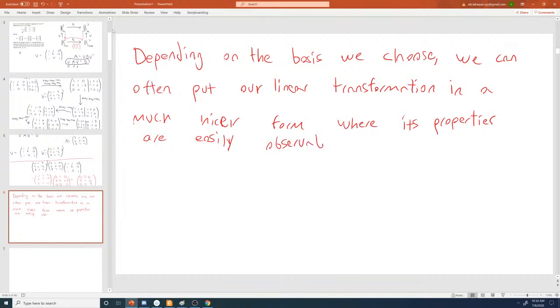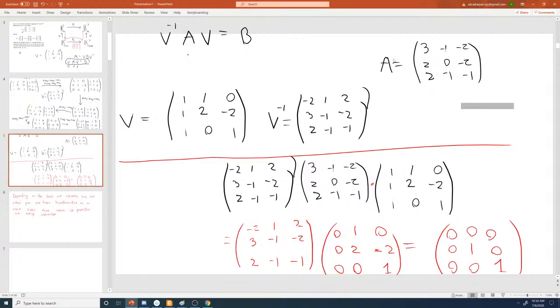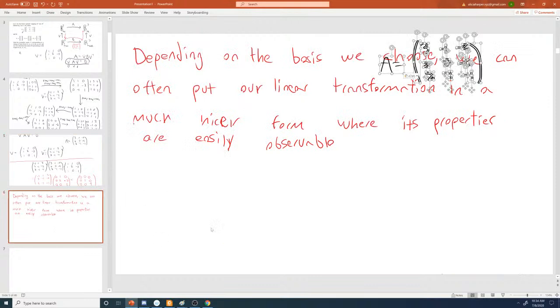So to run with the example we just computed, let's note that the A we started with was this. And take this, bring it over here.